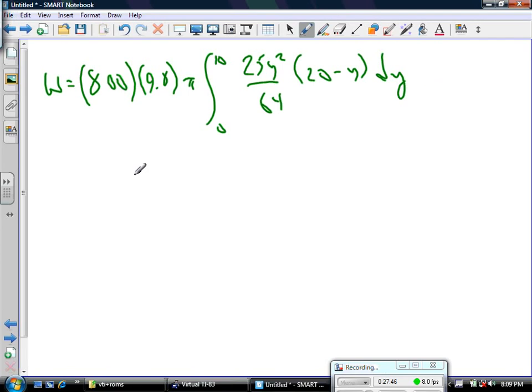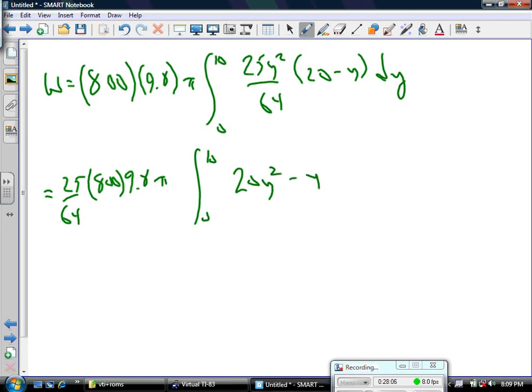Okay, so what I got here is 25/64 of 800 times 9.8 times pi, the integral from 0 to 10 of 20y squared minus y cubed, isn't it? And that antiderivative is easy to do.